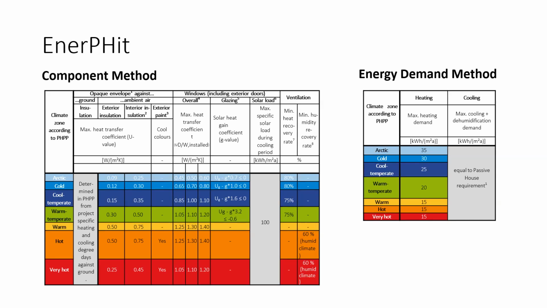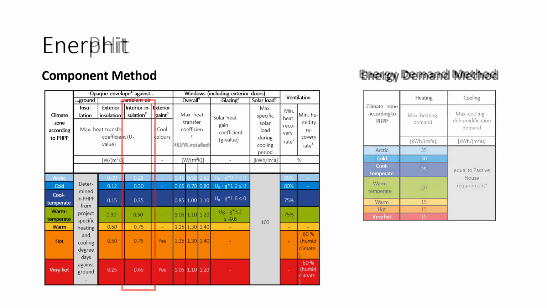The two climate zones, which I'll cover later, are covered in Ireland. It's generally cool temperate or warm temperate, and the difference between 25 and 20 kilowatt hours per meter squared per annum in the context of retrofit is quite significant. If you're already at the limit of what you can do, whether it be pumping your cavities or external insulating or whatever the case may be, it's quite a significant jump.